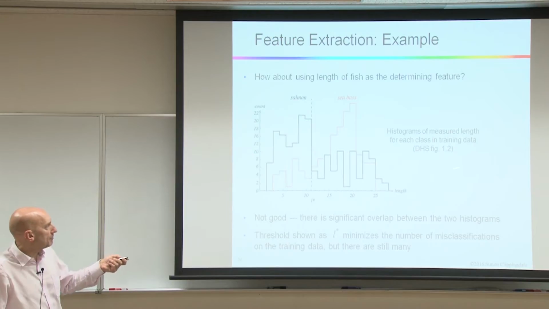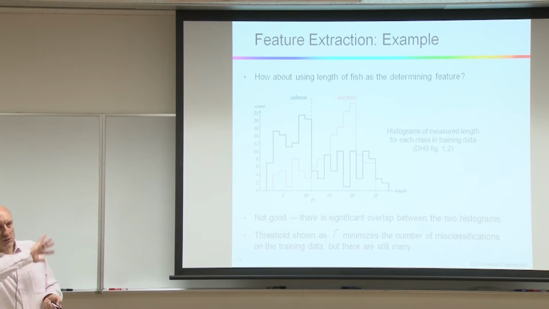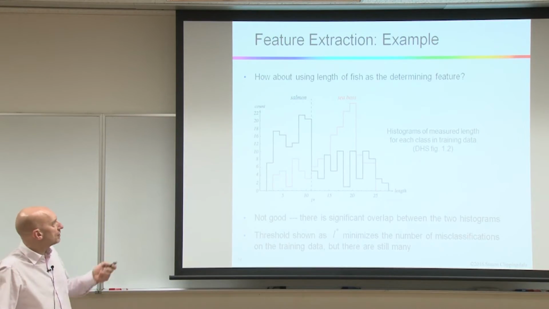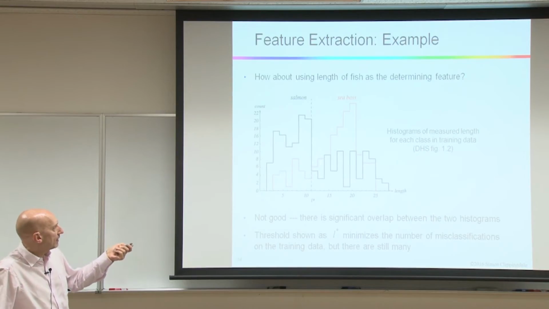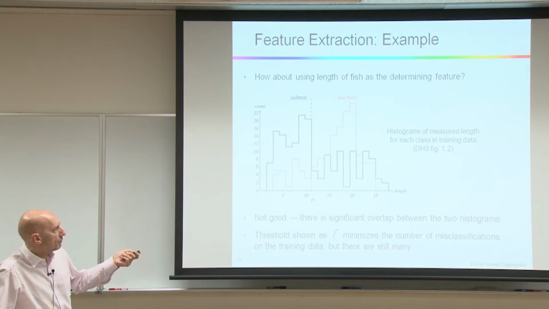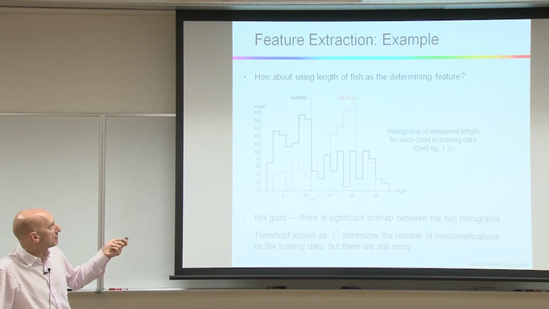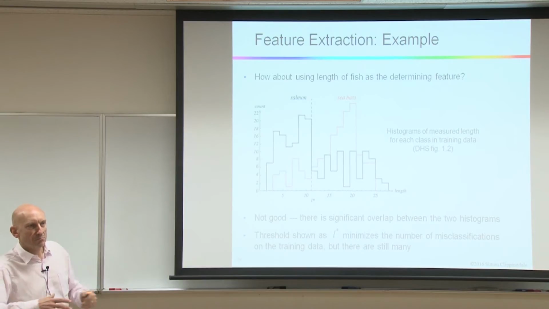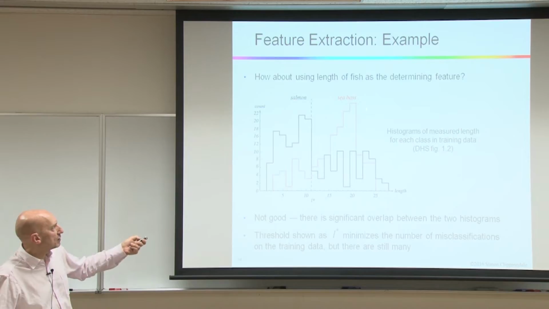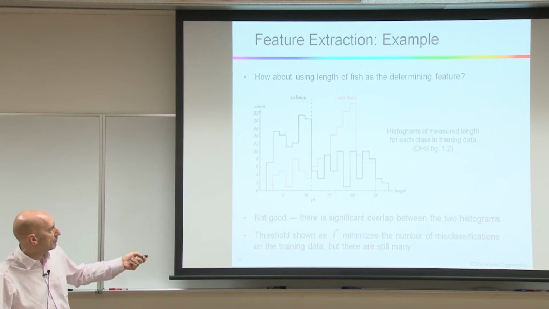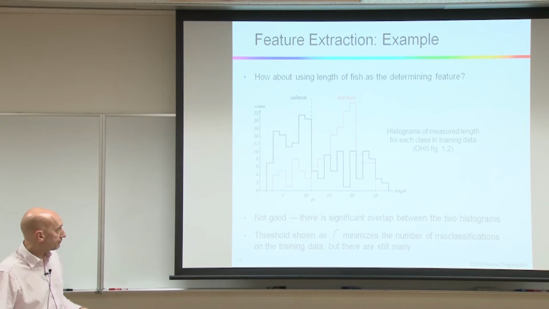So here's a histogram. The lengths of salmon pictures in the training set look like this. Most of them are around this kind of length, but there are quite a few that are much larger. And the sea bass is generally bigger than a salmon, so most of the sea bass examples are longer. They peak around here somewhere, that's the most probable, but you still have quite a few small ones.